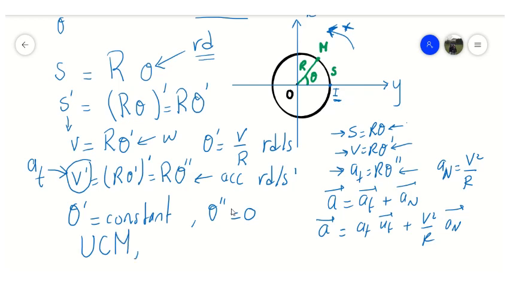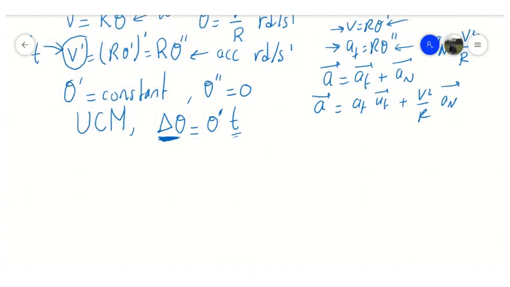In this case, you can apply the time equation. The angle described by the particle during its motion, delta theta, would equal theta prime times t, since theta prime is constant. For example, let's solve an application: theta equals 4t plus 40, in radians, in SI.